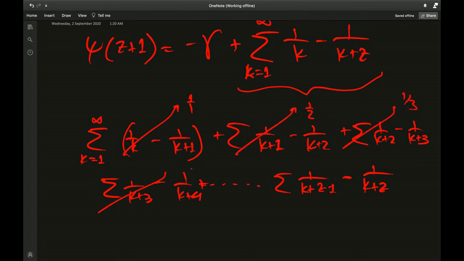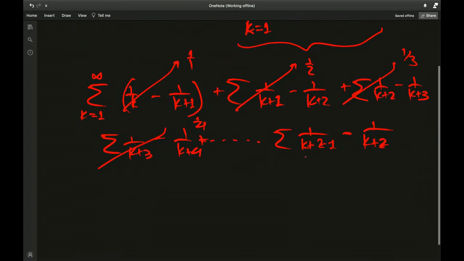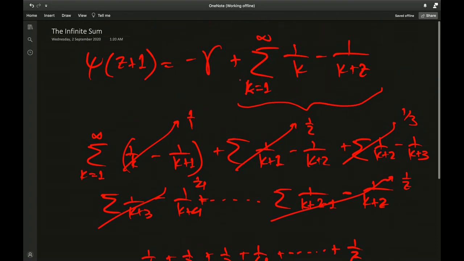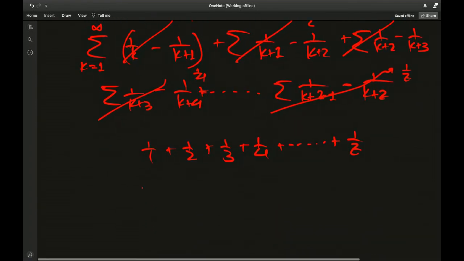This will be 1 over 4. So you're taking k equals 1 for the first term in this pair. Take k equals 1 here. You'll have 1 over z for this pair. So you're having 1 over 1 plus 1 over 2 plus 1 over 3 plus 1 over 4 dot dot dot 1 over z for this infinite sum over here. And what was this? According to some of my recent videos, this is just the zth harmonic number.